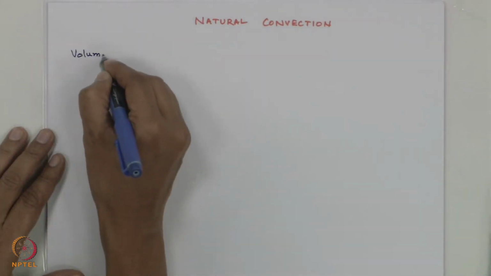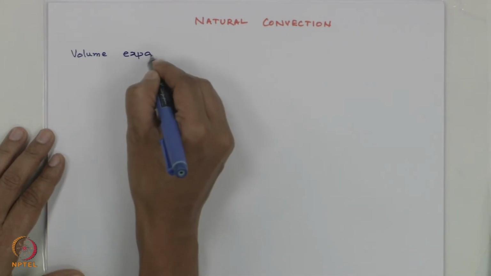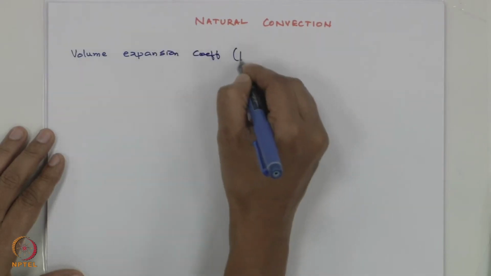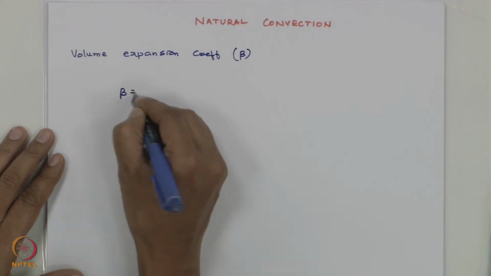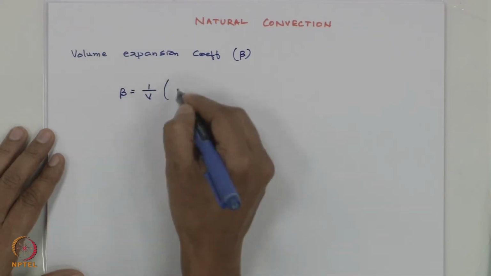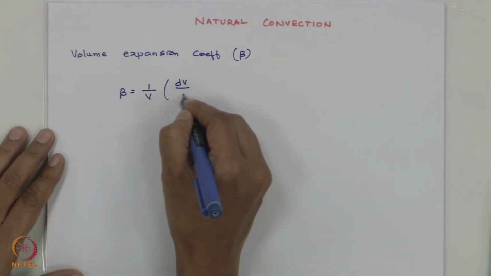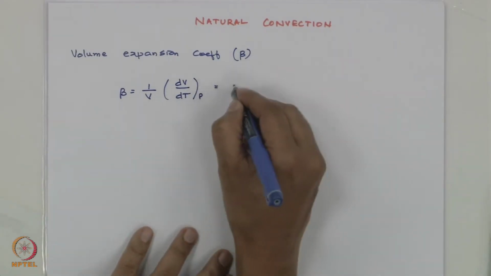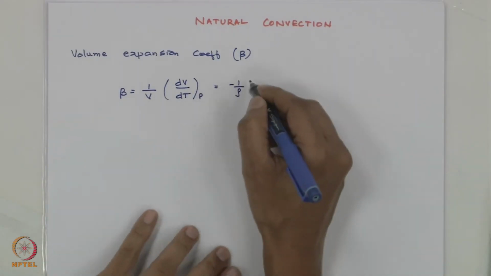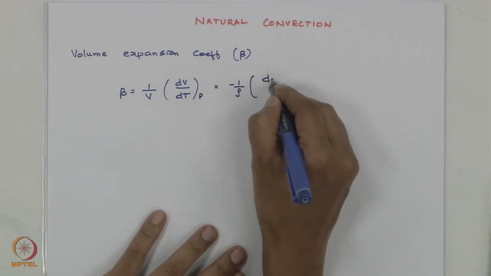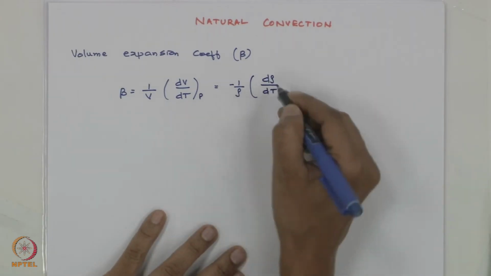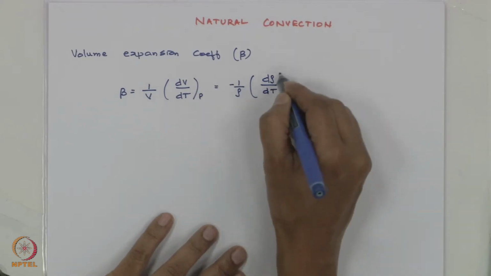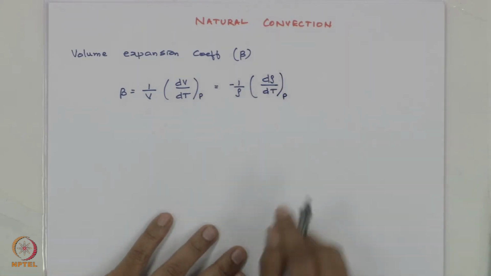The coefficient beta is equal to 1 by V dV by dT at constant pressure, or minus 1 by rho d rho by dT at constant pressure, because rho and V are inversely proportional, that is why the negative sign has come.